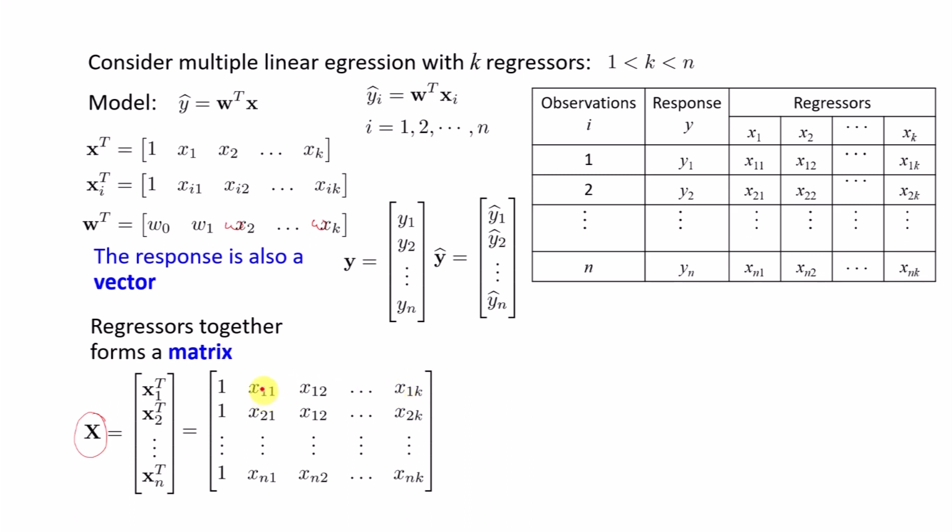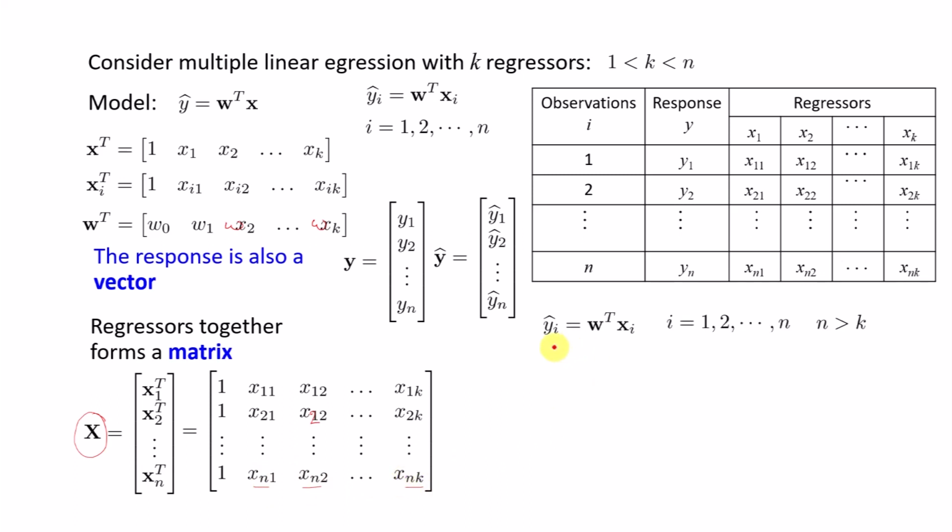So the first row is coming from the first experiment, x11, x12 up to x1k. The second row is coming from the second experiment, x21, x22 up to x2k. Here xn1, xn2 up to xnk.